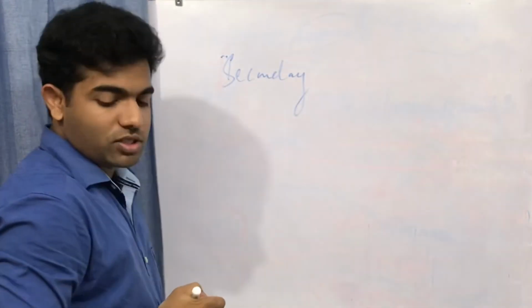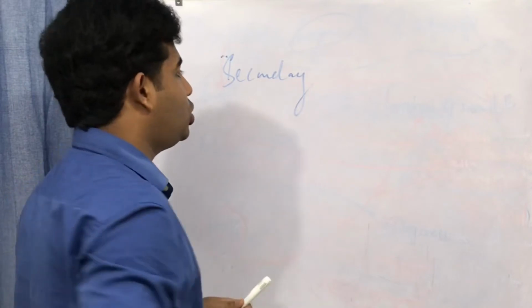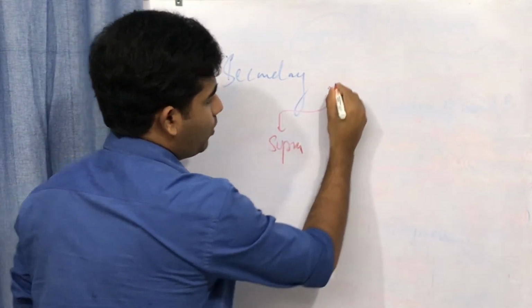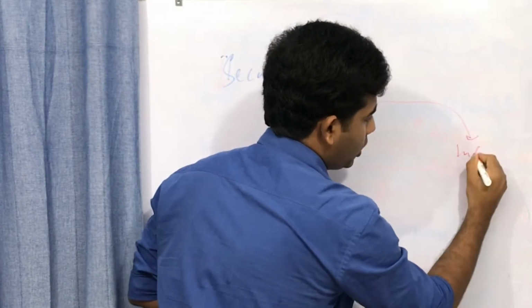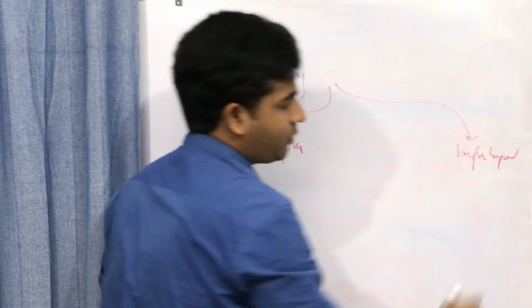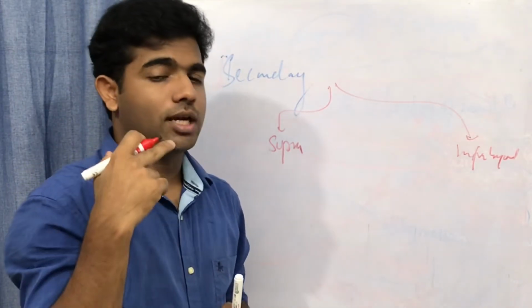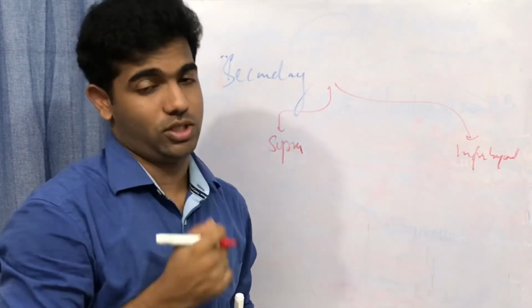The secondary muscles of mastication are two groups actually: the suprahyoid group and the infrahyoid group. Do you remember, in the initial session of this class, I told you about different bones related to the temporomandibular joint. There I told you about the hyoid bone, which is located over here.